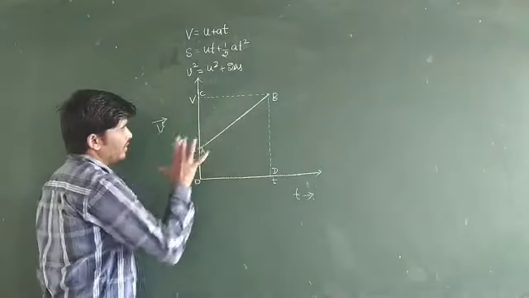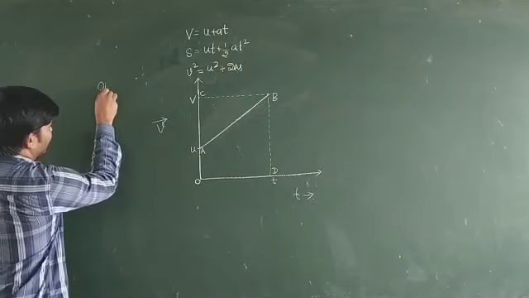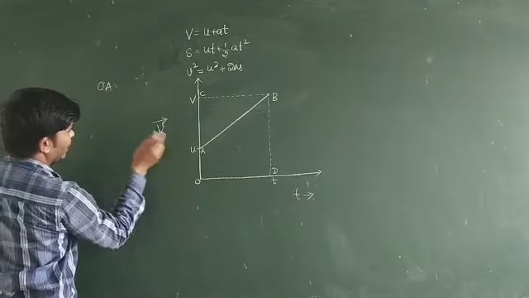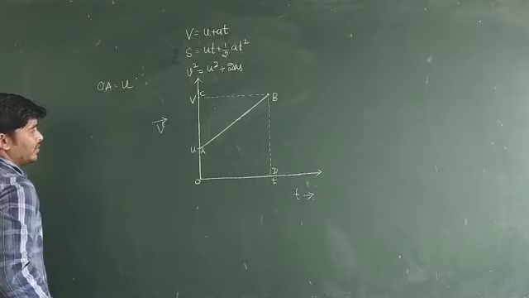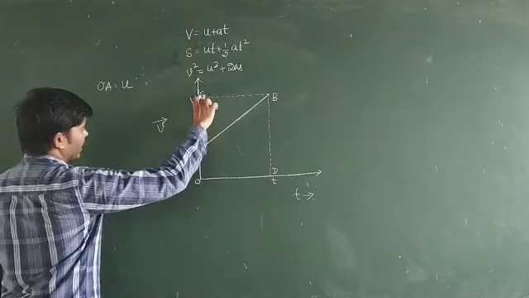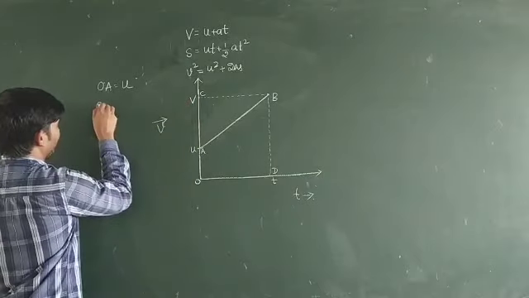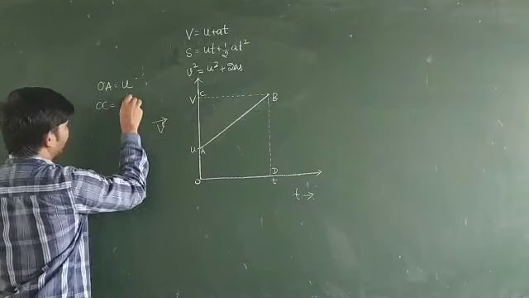From this velocity time graph we can say that OA is equal to u, that is initial velocity. Next, OC is equal to v.